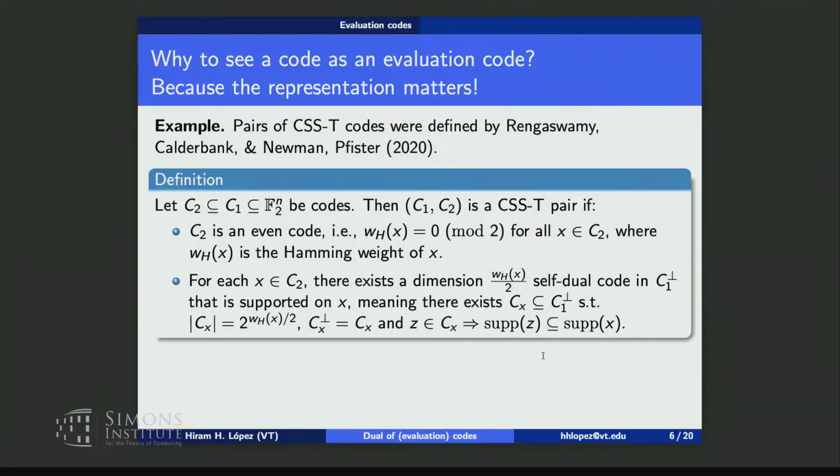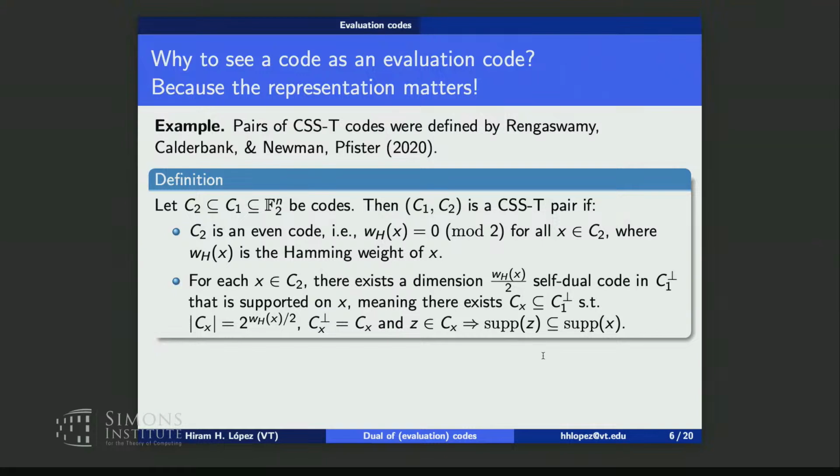If you know the definition, well, it's great. If you don't know, after 5 minutes, you will understand the definition. The code should be even, and then for every code word there exists a self-dual code inside with a certain support. You can do it.